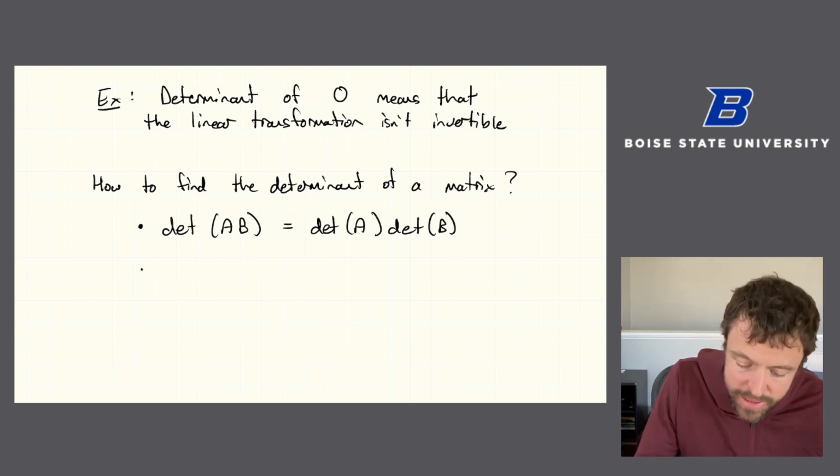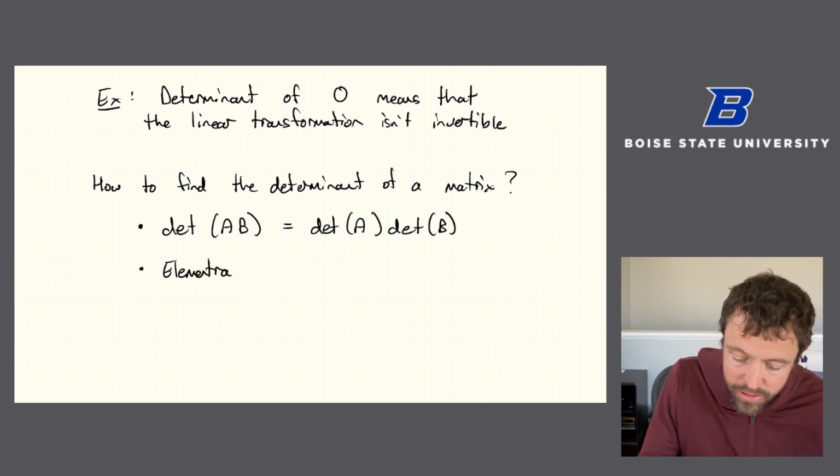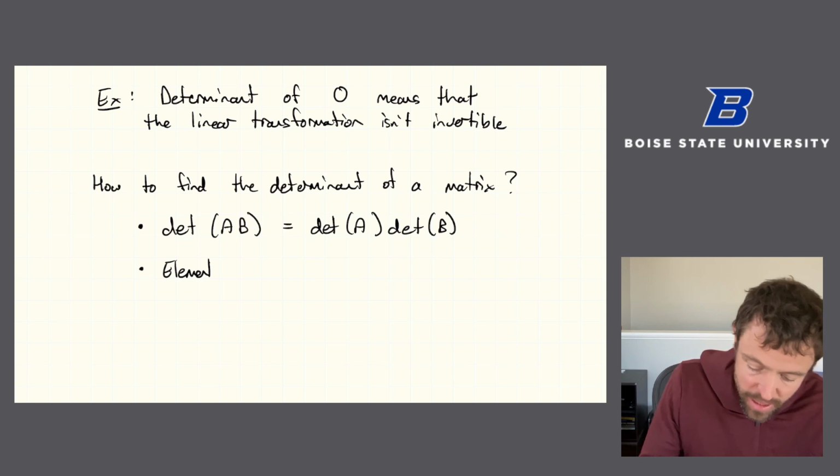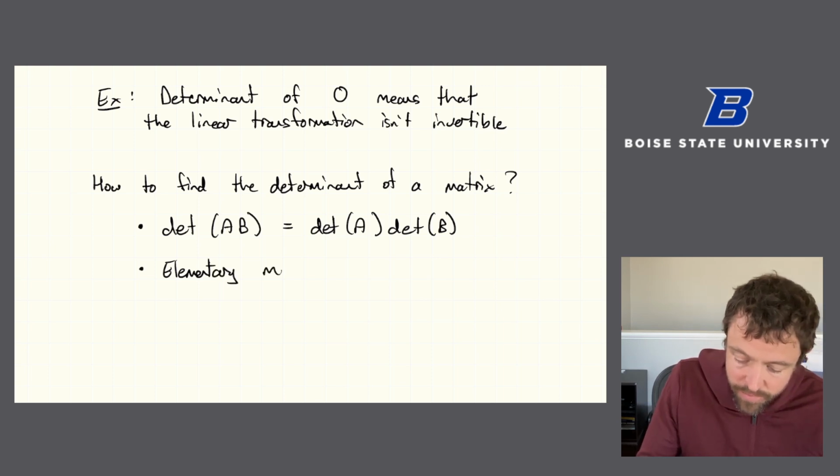Then what we'll see is that the elementary matrices, the matrices corresponding to elementary row operations, have nice determinants in the sense that we can find them easily.